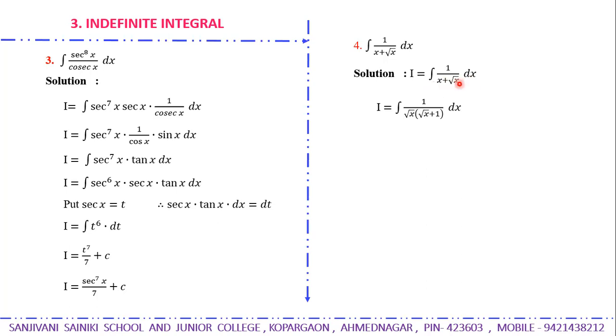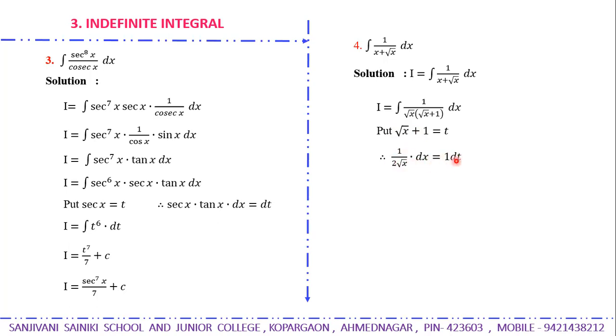Then I can take root x common. So I will get this step. So in this, put root x plus 1 is equal to t. Once you put this, its differential is 1 upon 2 root x dx is equal to dt.